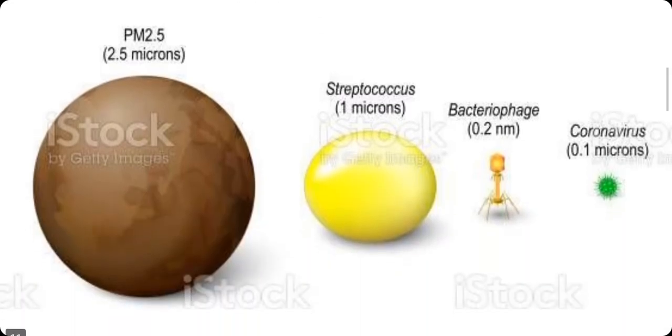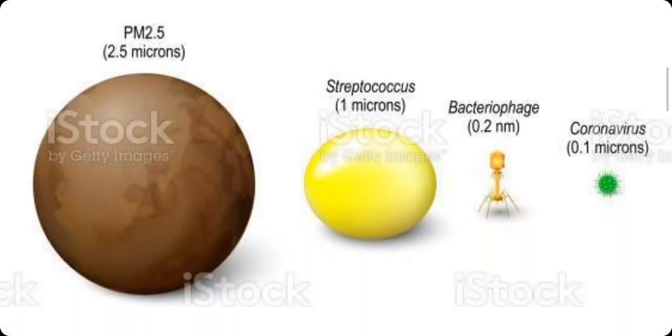So what is happening? First we can check size. The size of the coronavirus is only 100 nanometers, or 1/10 of a micron. Other viruses can be much larger, even 2.5 microns, so 25 times larger than coronavirus.